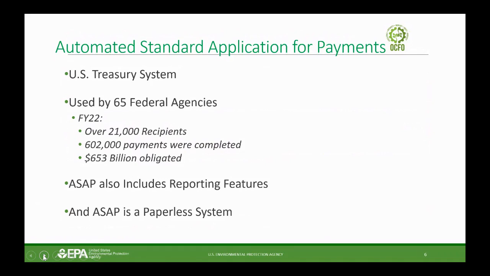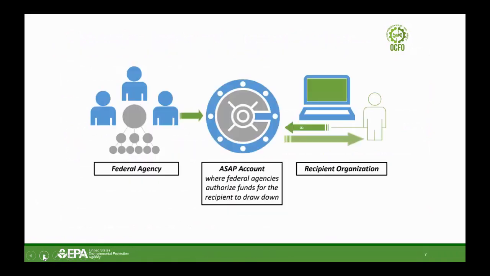And those are stats from fiscal year 22. ASAP also includes features. You can have an inquiry-only user, where they can't draw down within ASAP, or a payment requester. And this ASAP is also a paperless system. We are the EPA. So next slide, please.